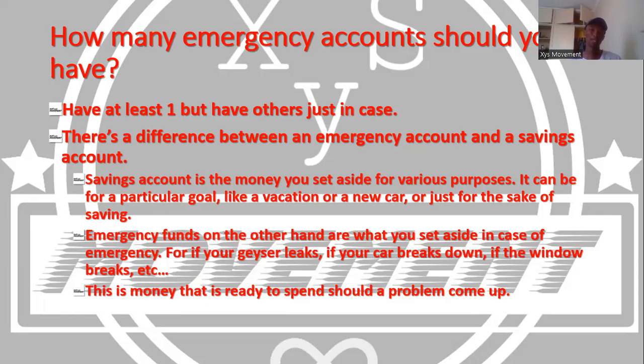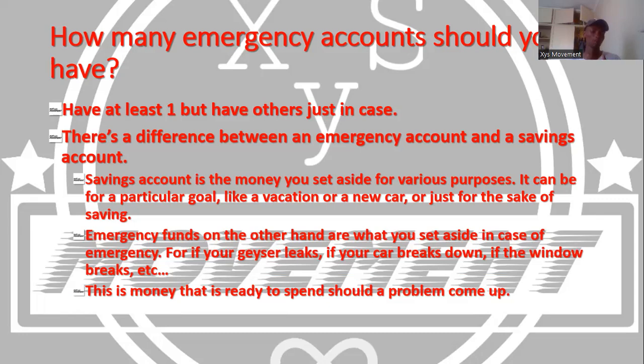There's a difference between an emergency account and a savings account. Listen to this. A savings account is the money you set aside for various purposes. It is when you have a specific goal that you want to achieve, like a vacation or a new car, or you want to save so that you have money for the little things that you want to have, your airtime and all of that stuff. But an emergency account is money that you put aside for emergencies only.